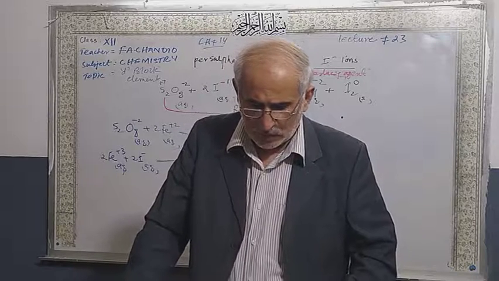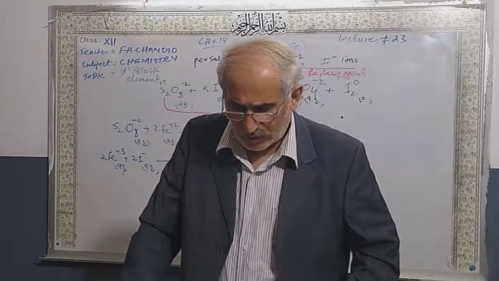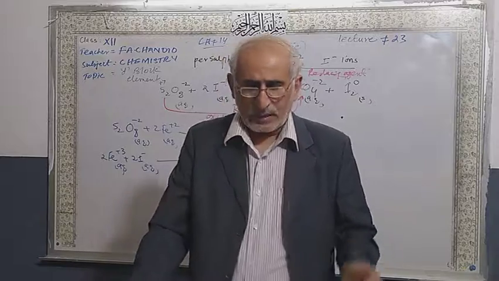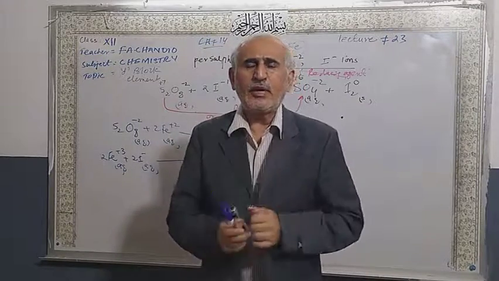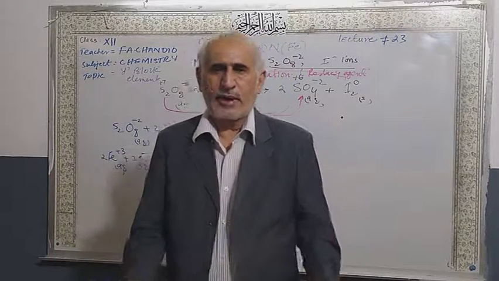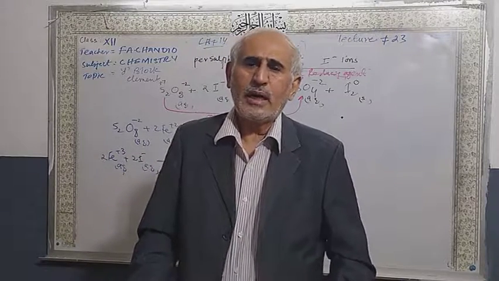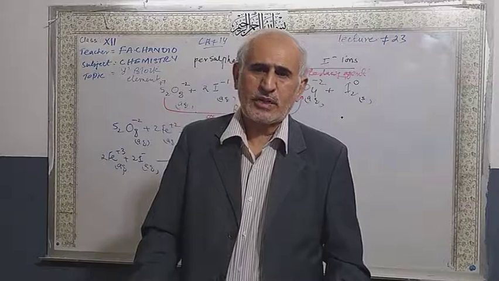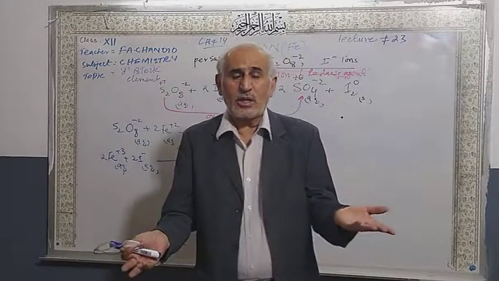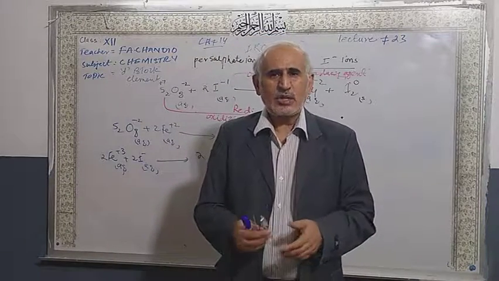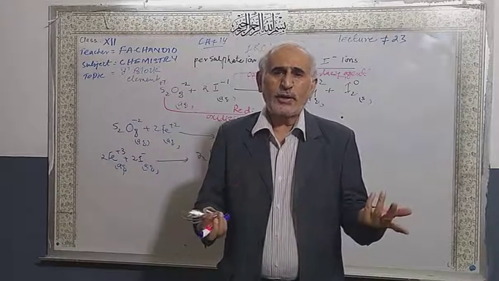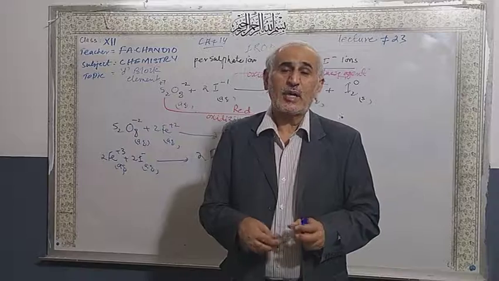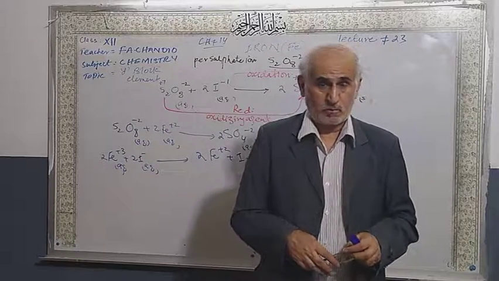This is a good example of the use of a transition metal compound as a catalyst, because they have the ability to change their oxidation states. We already did the introduction of transition metals. They have variable oxidation states due to the unpaired electrons, and apart from the d electrons, the s electrons also participate.